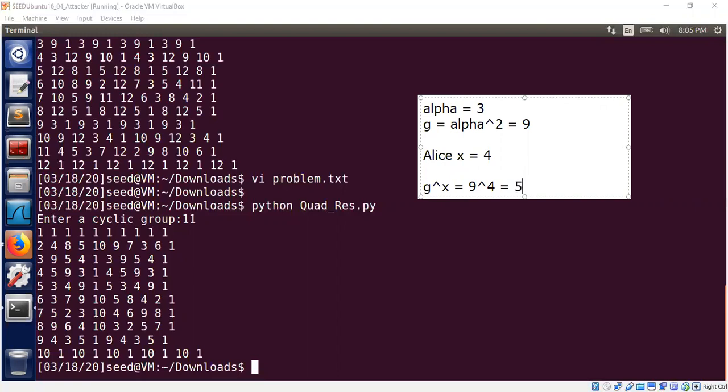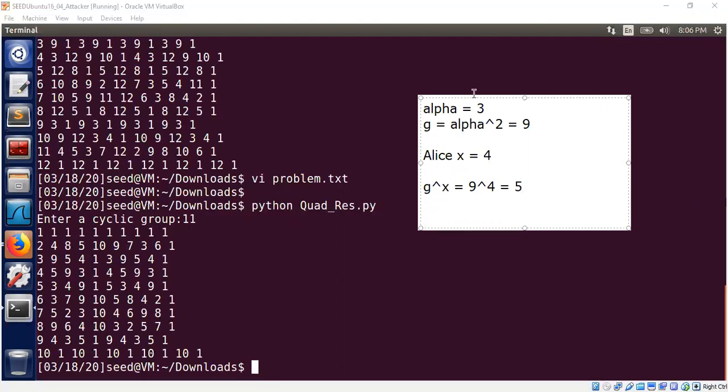Okay, so she's sending 5 to Bob, but now what can Eve do? Well, Eve takes the number 5, but she can't do much, because 5 is actually an even number, right? We can see 5 is an even number because it's part of the second column, right? You see the second column of my table that I generated. 5 is part of the even number list, so there is no point.